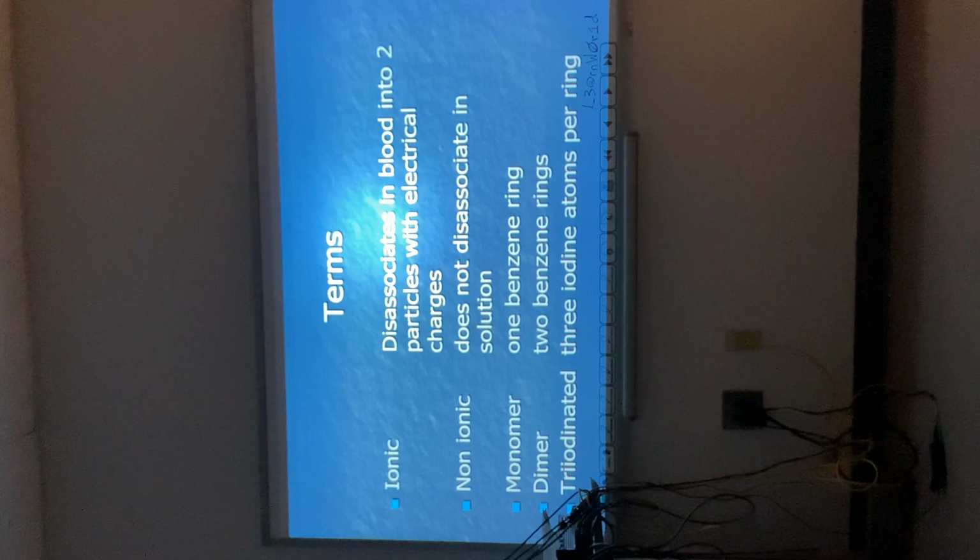When we look at our monomer types of contrast media, those have one benzene ring, while dimers have two. And tri-iodinated goes along with its term, and we're going to see 3 iodine atoms per ring. Okay? So remember these images.